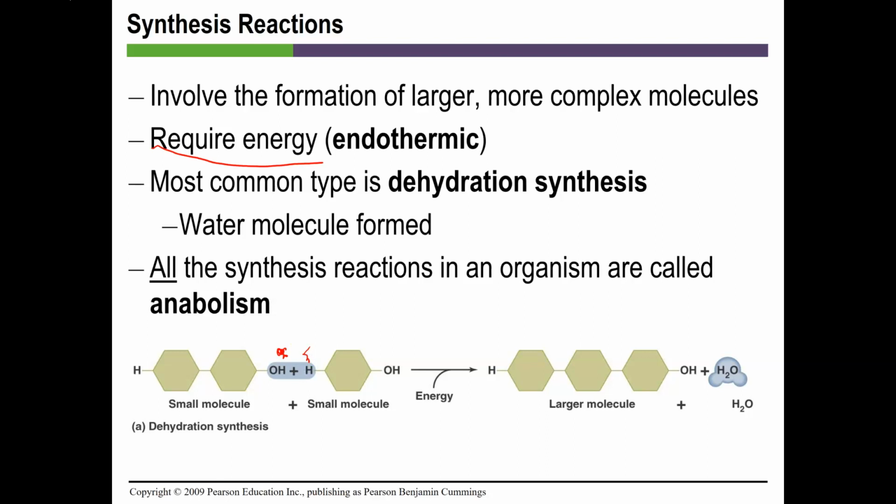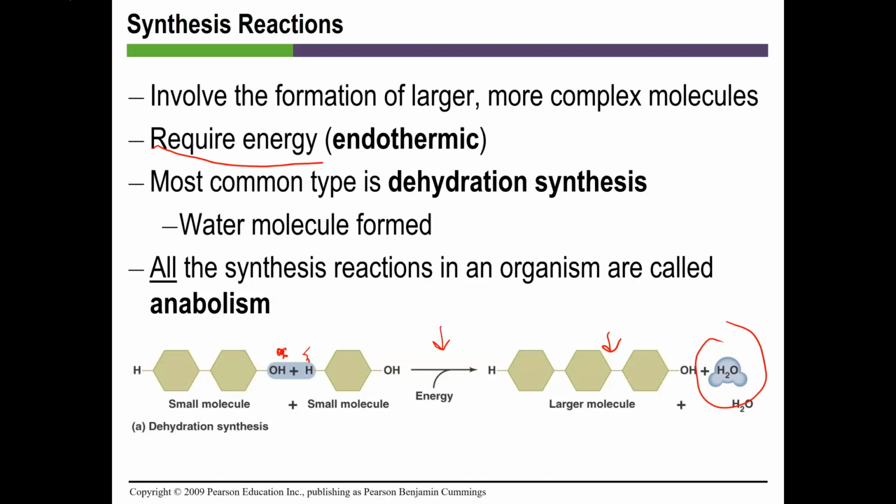They come out of the reaction as water in order to form the covalent bond between those two small molecules. Water's removed, and you see in the center, the arrow is showing that the reaction is moving forward. The small molecules becoming larger molecules. Water was a resulting product, and energy had to be put into that reaction.